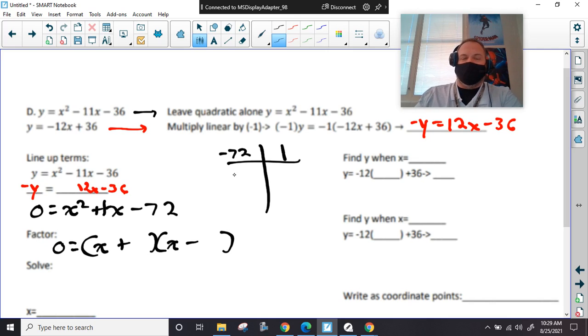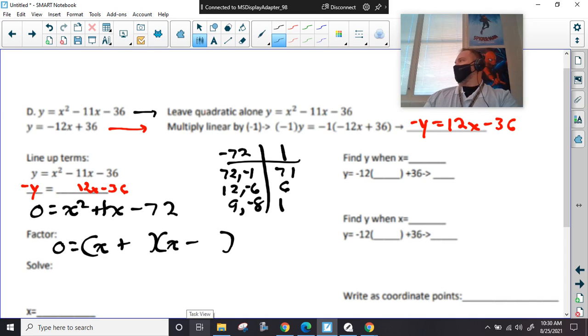All right, hang on. The first one I got 1. Yes. So that gives us 71. I heard 12. That would give us 6. And then I heard this one. All right. So we have a positive 9 and a negative 8 right here.